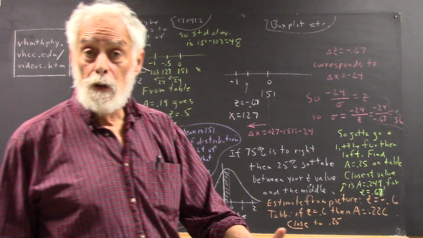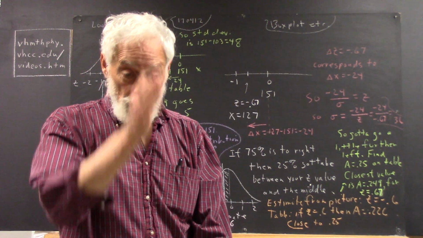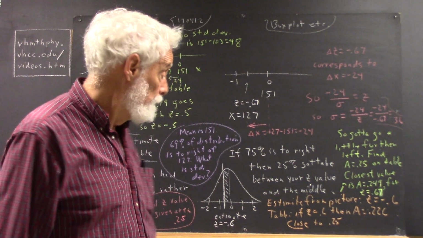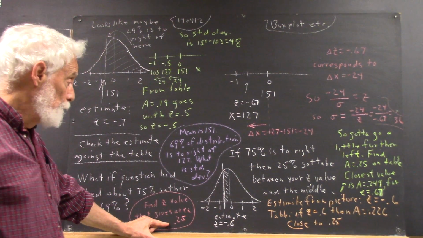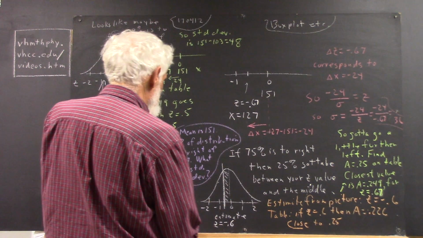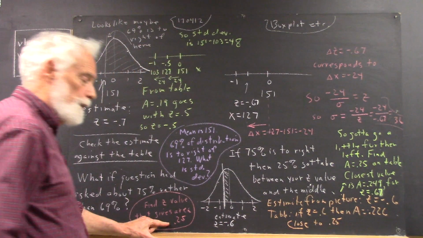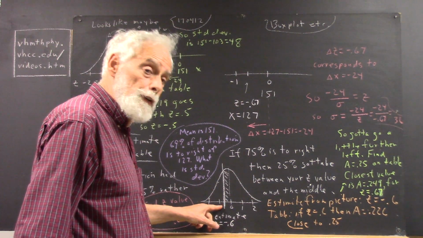Well, the table has two columns. It has a z column and it has an area column. And we know what z goes with what area. So if we look up an area, we'll be able to find out what the z is. Well, the area we need to look for is 0.25. The table will tell us for what z value the area between the middle and wherever we cut it is 0.25, and it'll give us that z value.